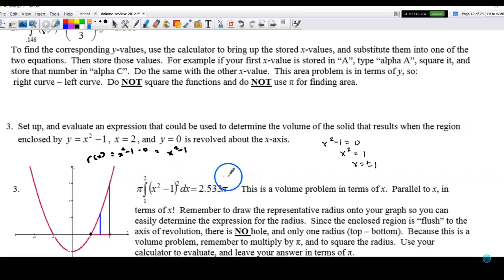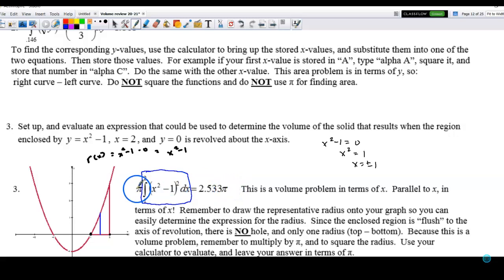Now, earlier in the directions it said if your answer has pi in it, leave the answer in terms of pi. So what I want you to understand is this is what I typed into the calculator. I did not type the pi into the calculator. On the AP test, they don't usually specify leave your answer in terms of pi.